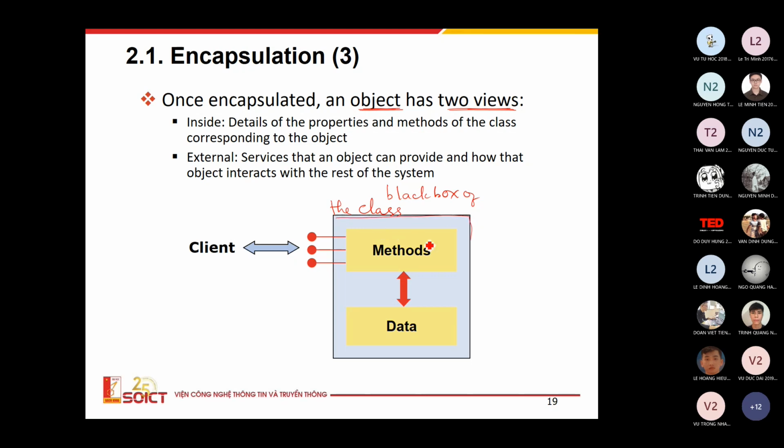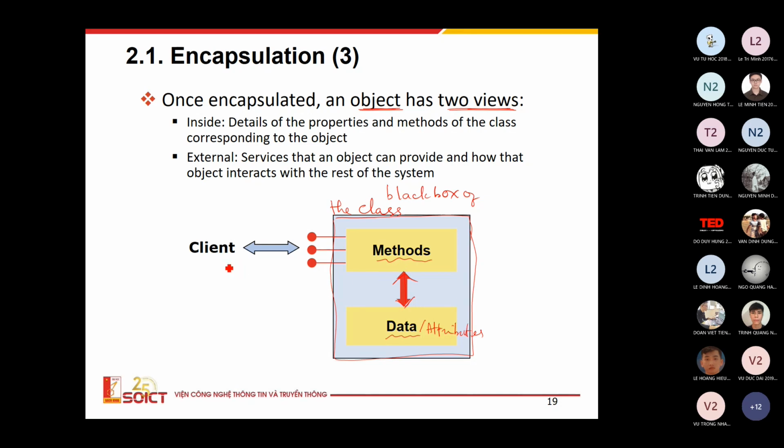Inside the class, we have this here. Okay. And inside the class, you have the method inside the class and the data or the attribute inside the class. Yeah, this is the first view, inside the class.